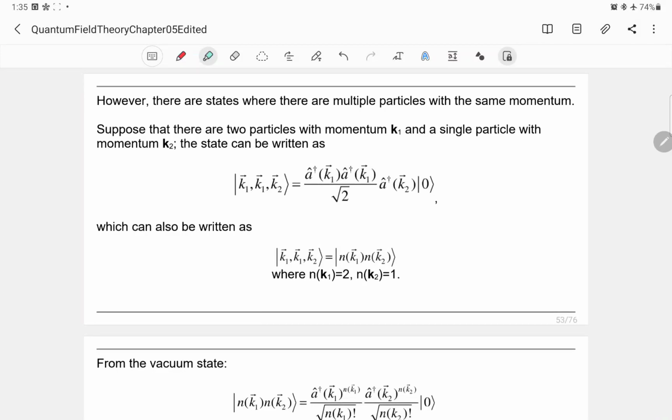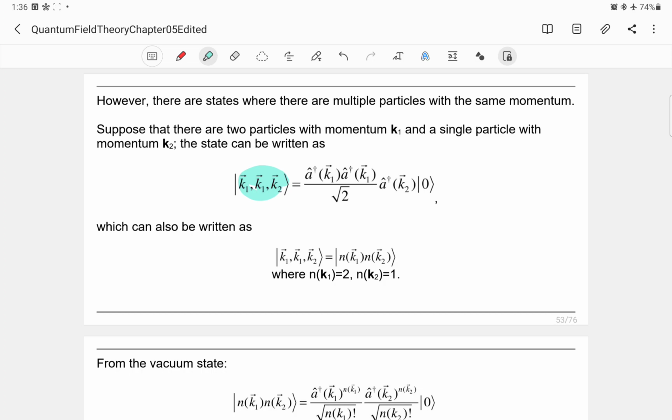However, there are states where there are multiple particles with the same momentum. Suppose that there are two particles with momentum k1 and a single particle with momentum k2. The state can be written as this one here. So there are three particles, but two of them are of the same momentum and the other one is another.